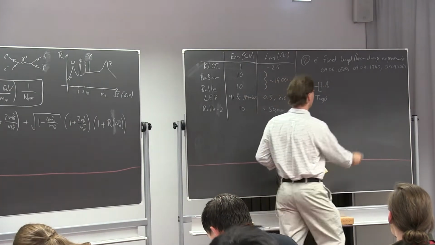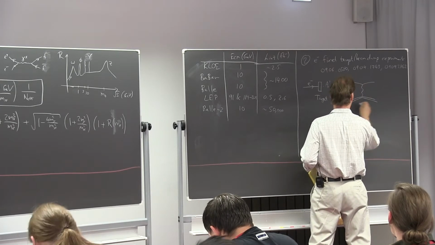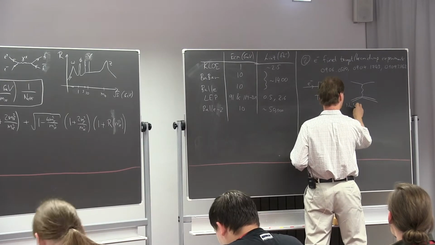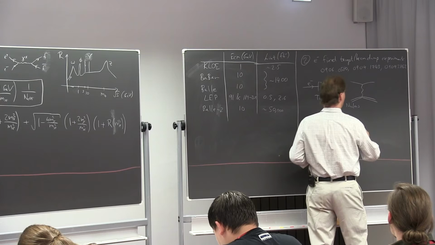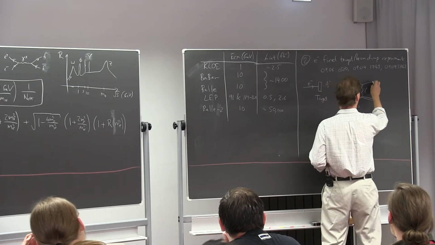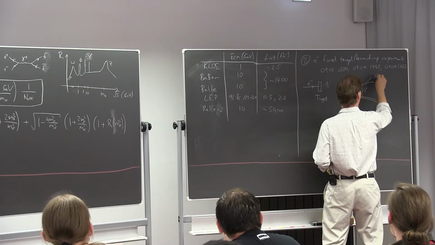And the way you produce it is through a diagram like this. So here's my target nucleus. Let me just write nucleus. There's the photon. Here's my electron incoming. And it can radiate a dark photon.